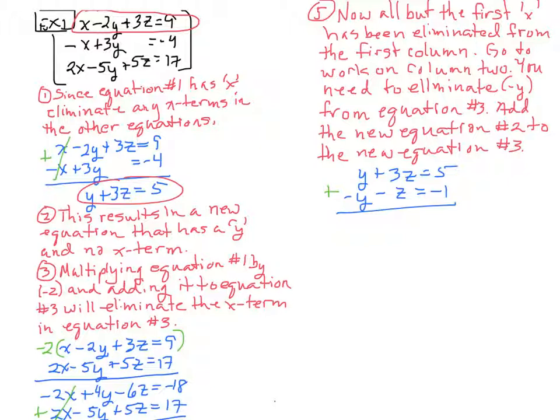So that's what we're going to add together. That's what we decided to do, so that our y's would cancel. And then we end up with 2z is equal to 4. So that's now our newest form of equation 3, because we're keeping equation 1 and 2. Is that finally in row echelon form?